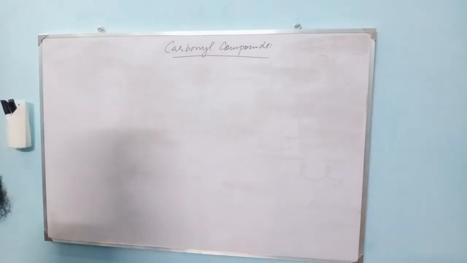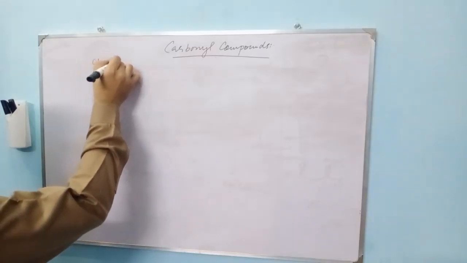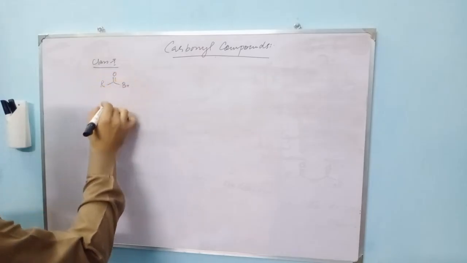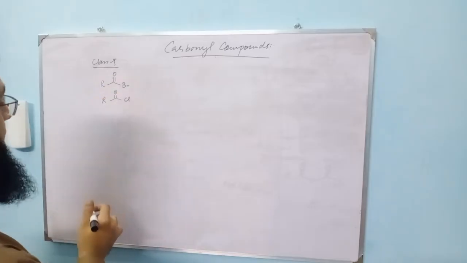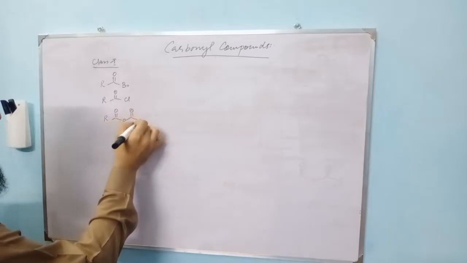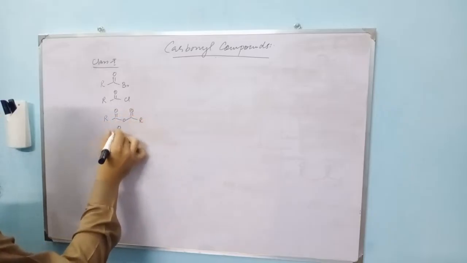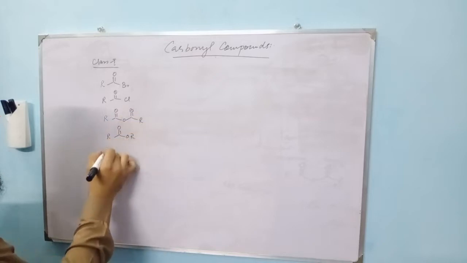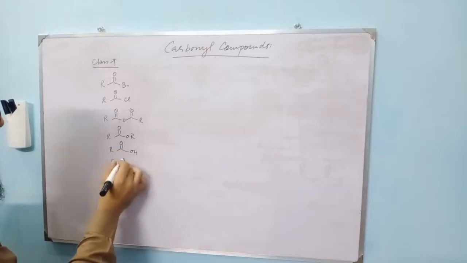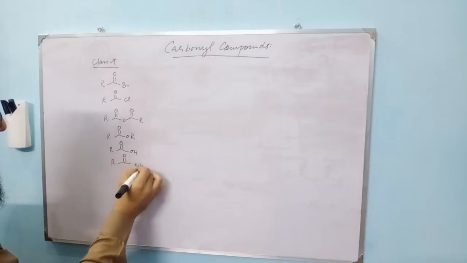Before going into the reactivity, we should see the pKa values of the leaving groups of conjugate acids of both the classes. Class 1 we have, for example, acid bromide, then acid chloride, then we have anhydride, then ester, then we have carboxylic acid, and then we have carboxamide.